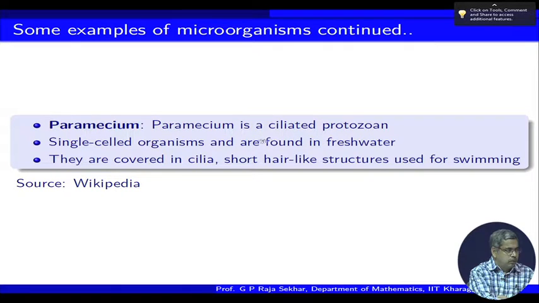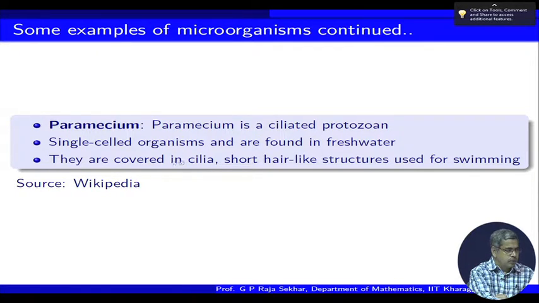There are other interesting examples we can see. The other interesting example is called Paramecium. It is a ciliated protozoan, a single celled organism, and these are found in fresh water. They are covered in cilia, which are short hair like structures.